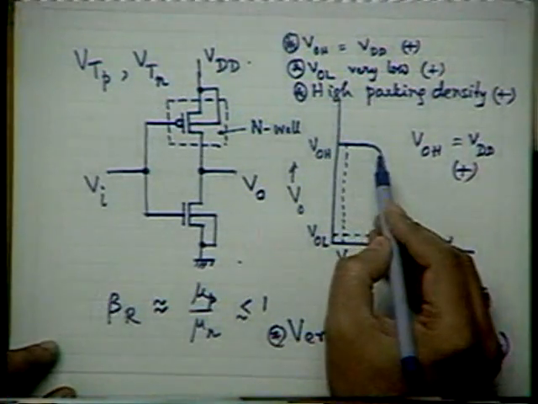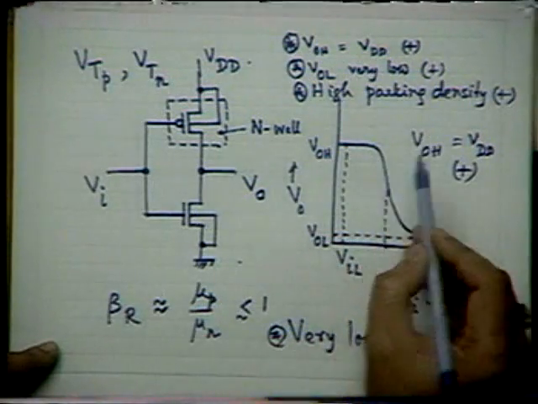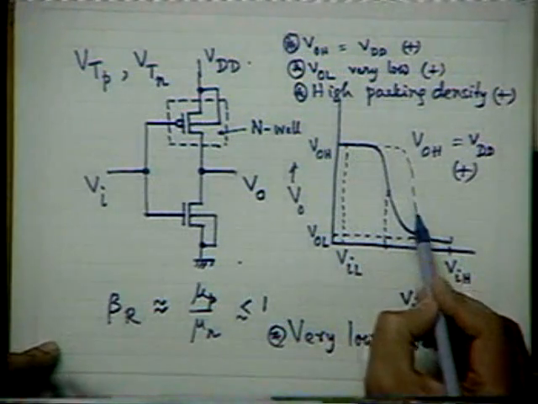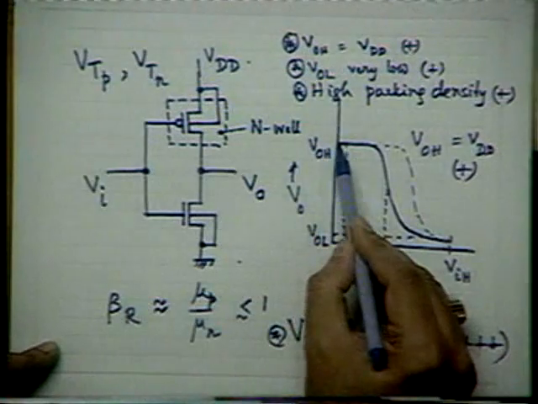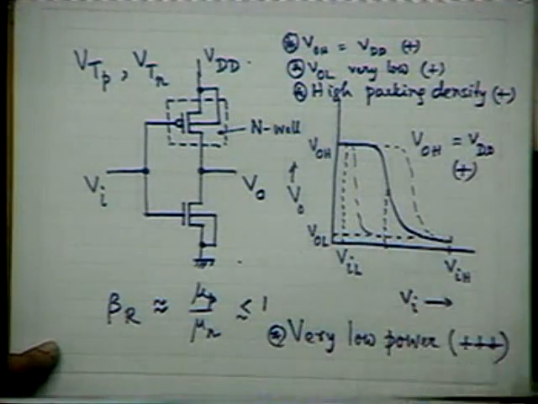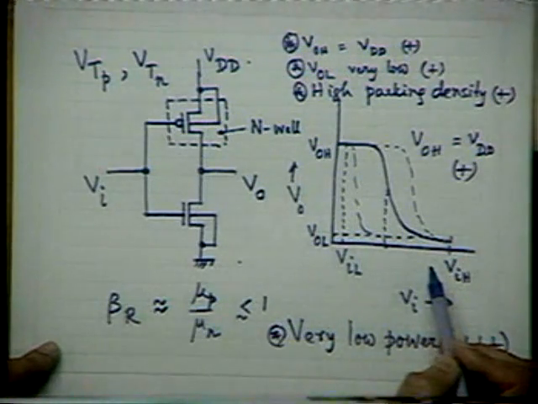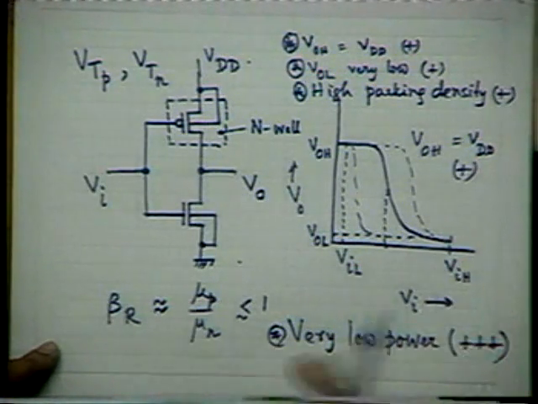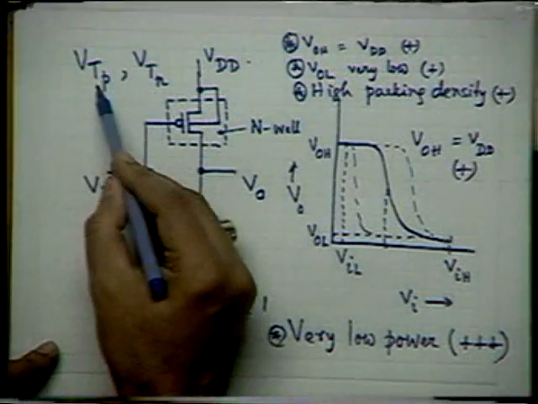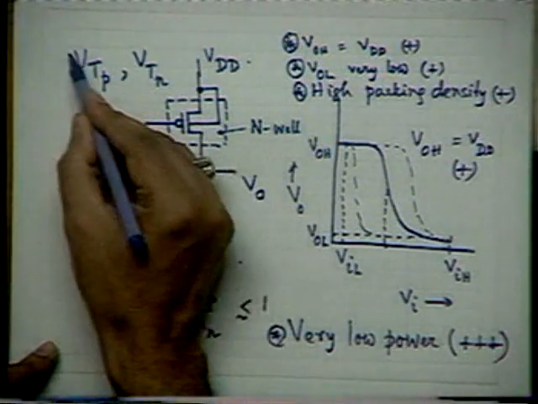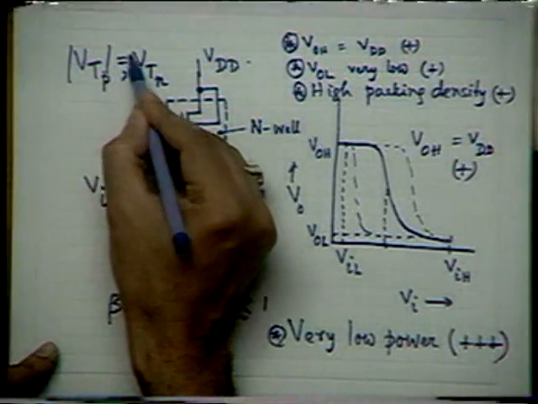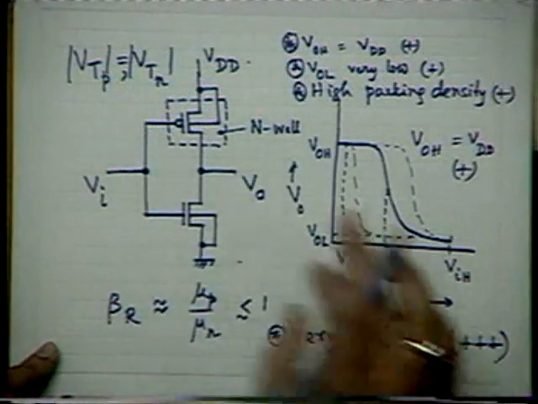Then only we can achieve the highest noise margin. If the characteristics were like this, is it preferable? Or like this, is it preferable? Which one is most preferred? The central one. This is possible only if we satisfy the condition that VTN is equal to the magnitude of VTP, both enhancement mode.